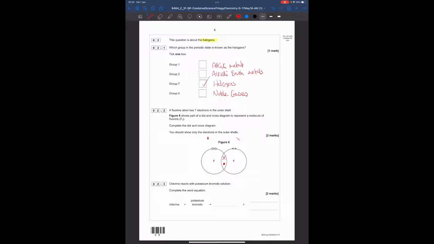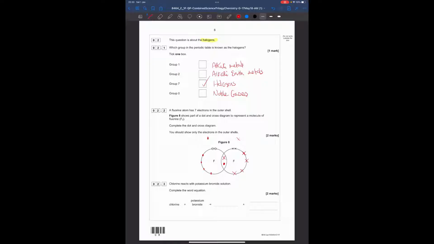So what we now need to do is make sure that each atom has the correct amount of electrons around the outer shell. So we know we've got 1, 2, 3, 4, 5, 6, 7 electrons for the dots, and now we can do 1, 2, 3, 4, 5, 6, 7 electrons for the one that has crosses.